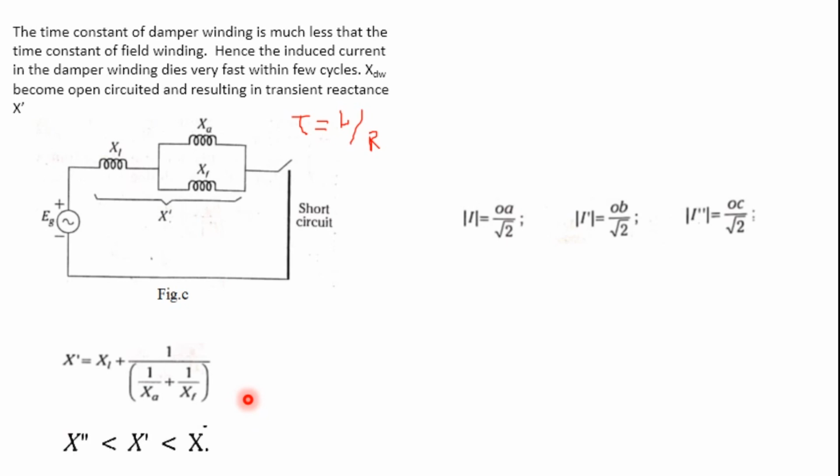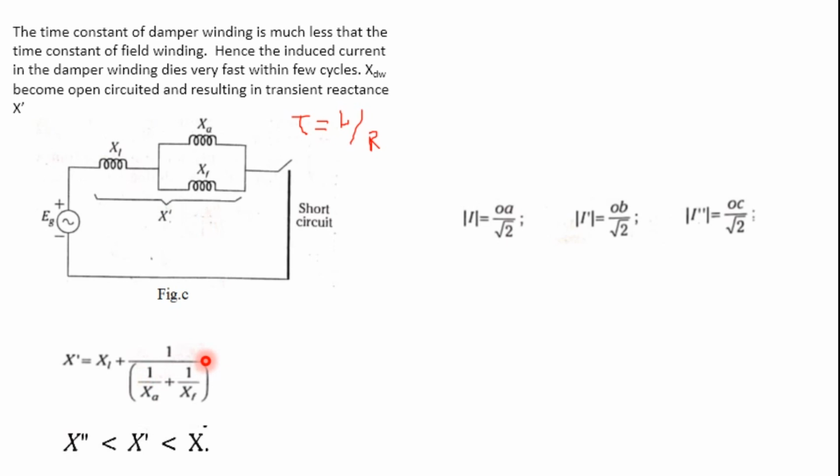The induced current in the field winding will also die out in a short time, depending upon the time constant of the field winding. This effect is equivalent to an open circuit of XF, the field winding, and thus the armature regains its normal reactance, the X value.